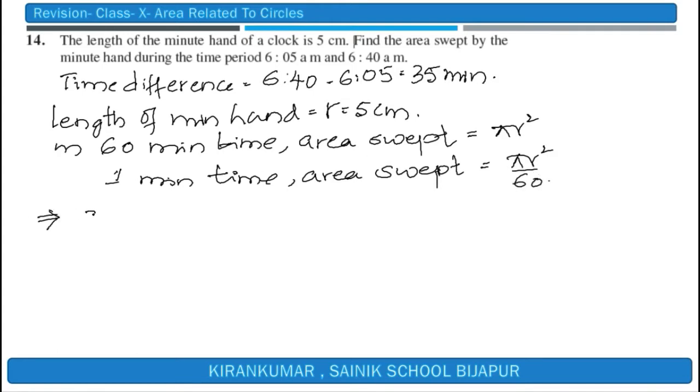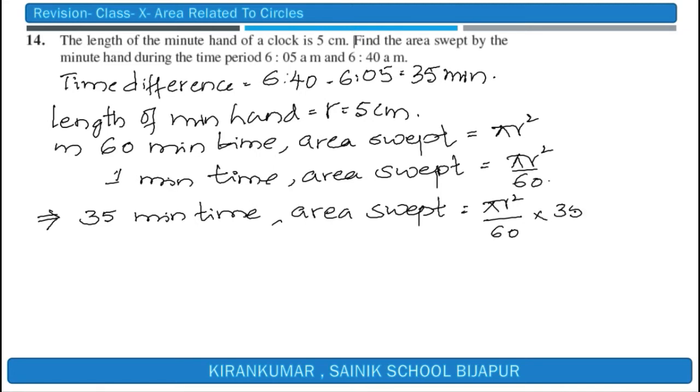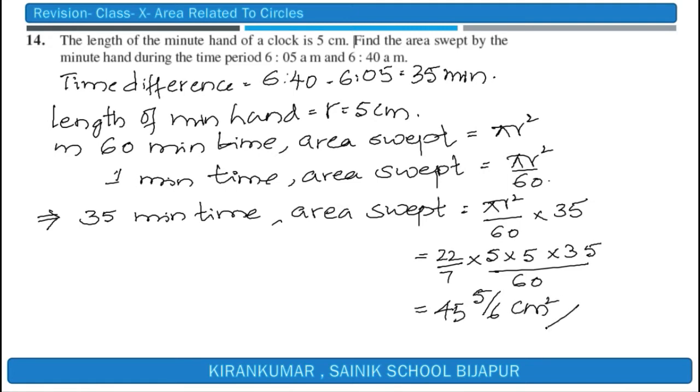Therefore, for 35 minutes, area swept will be equal to pi r square by 60 times 35. This will be simplified: 22 by 7 into radius square, which is 5 into 5, into 35 divided by 60. On simplification, we get 45 5 by 6 centimeter square. This is the required area.